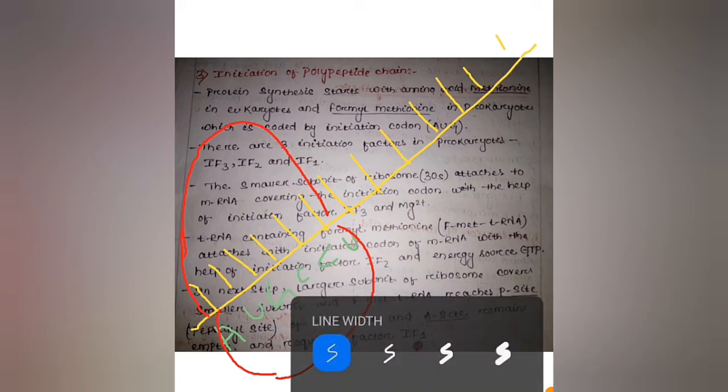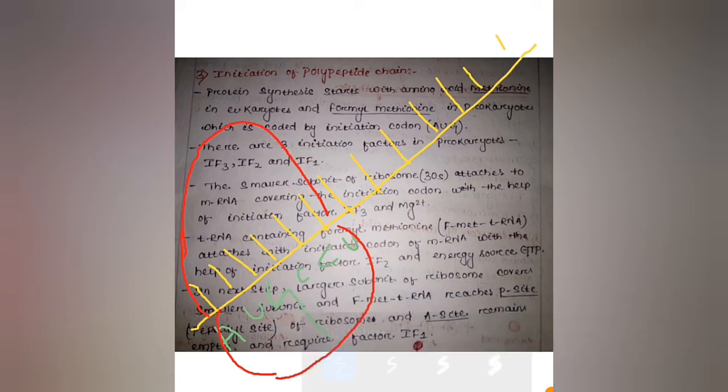Next, the larger subunit will cover it. Here, one groove is present. This one is the groove, this one is the P site, and this one is the A site. Here, tRNA is present on the outside, not in the mRNA, and it carries one amino acid.